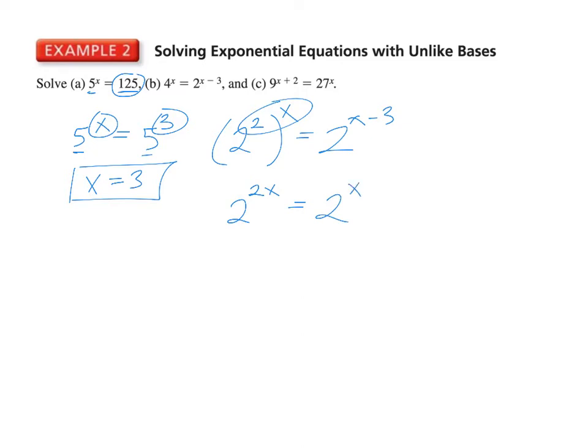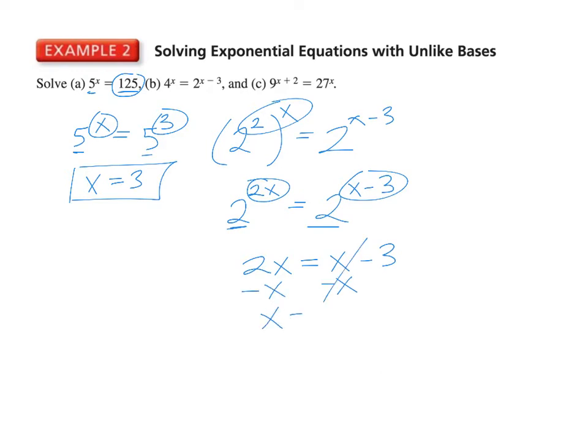Then I have 2 to the x minus 3. Now since I have the same bases, I set the exponents equal to each other. So here I subtract x, and I get x is equal to negative 3. It's as simple as that.